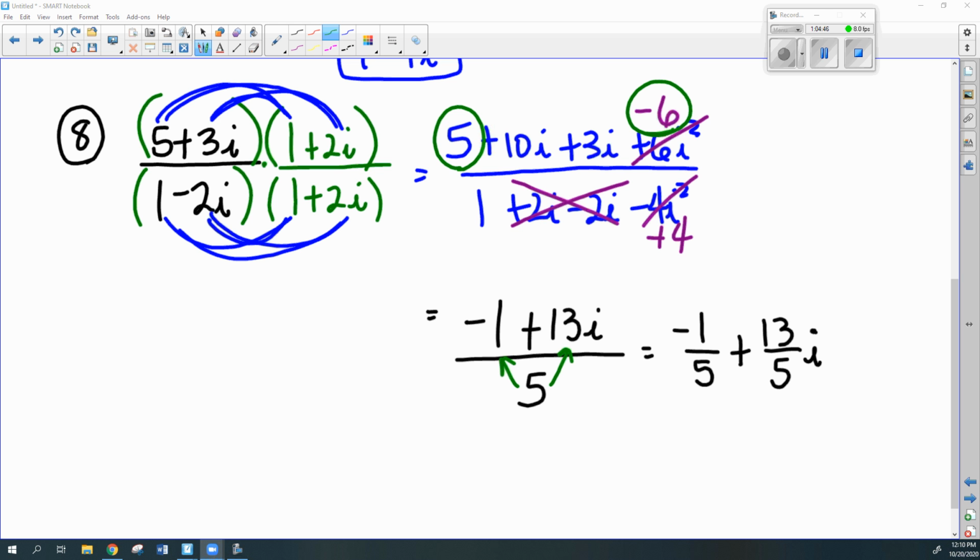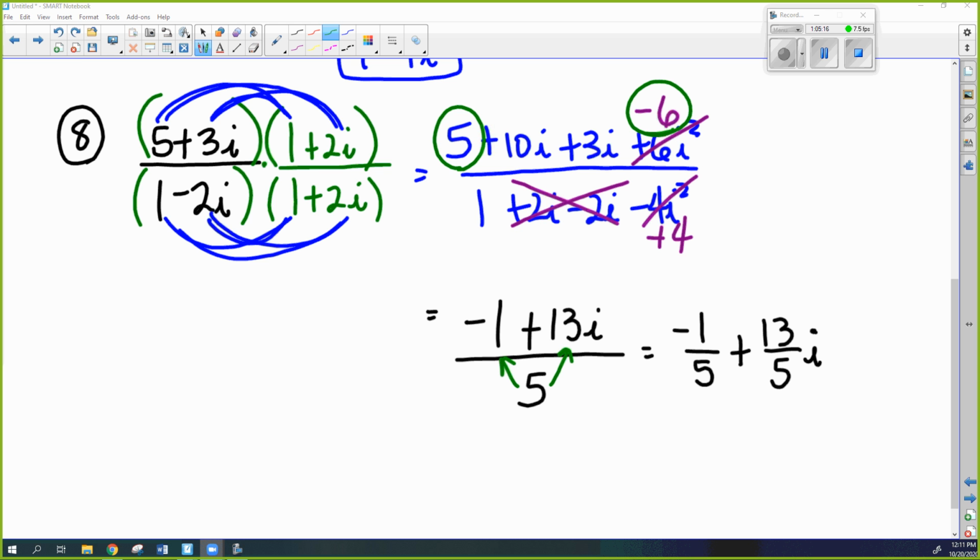In ALEKS, there is a homework 4.3. It is 10 problems that go with the i stuff, and it goes in order of how we did it in class. Okay, so use your notes to help you. Make sure that you get that done and that you know what you're doing before you start the quiz. All right, the quiz, all right, I lied, I'm going to share my screen again.